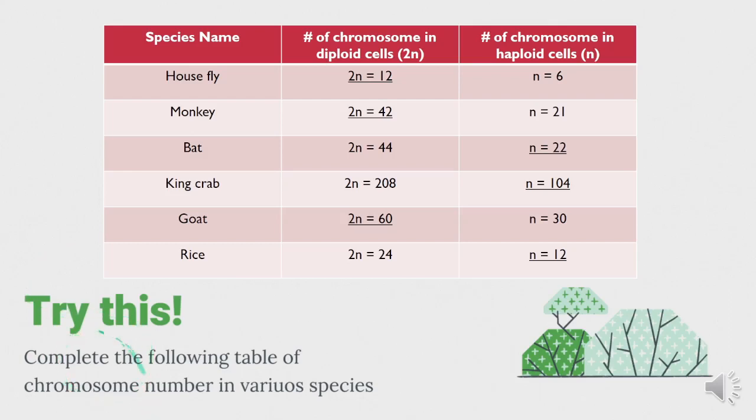In king crab, the diploid number is 208, and the haploid number is 104. In goat, the diploid number is 60, and the haploid number is 30. And in rice, the diploid number is 24, and the haploid number is 12. Okay, very good.